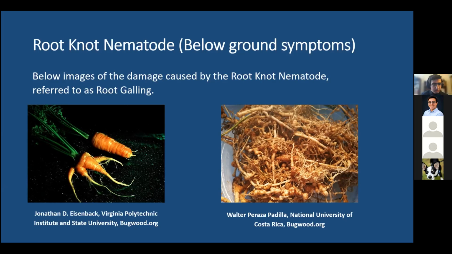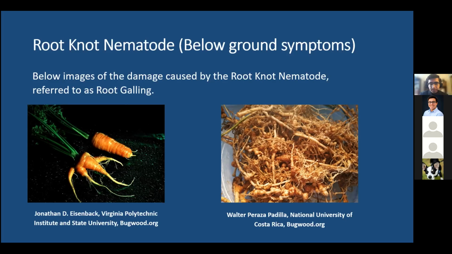That is actually the root galls caused by the root knot nematode. What a root gall is, is that the root knot nematode burrows into the root and basically sets up a home for itself. And that's where it acts like a parasite and it basically takes the nutrients away from the plant.